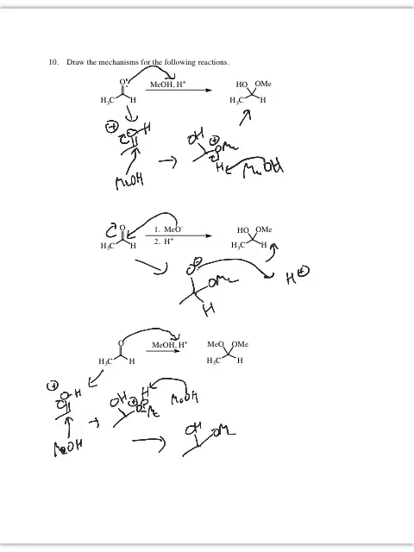And then we see that we have to go from having the OH and an OMe to getting to our final answer, having two OMe's on the carbonyl carbon equivalent. So we have to turn the other OH into a good leaving group by protonating it.